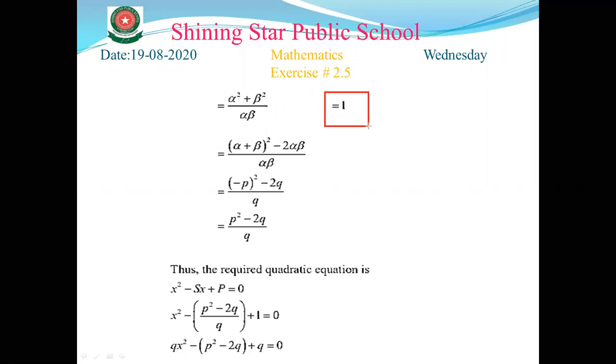Okay, so now we multiply q with x square, so it becomes qx square minus p square minus 2q, and p minus q multiply 1 q, because we take the LCM, and when we take the LCM, we multiply q on both sides. So that's why it becomes qx square minus p square minus 2q and plus q.